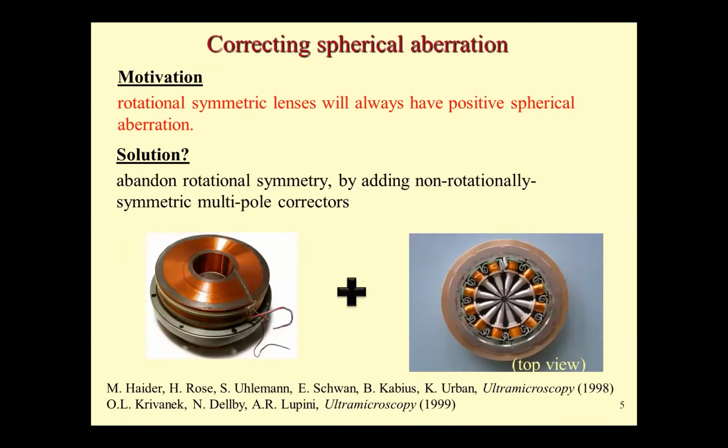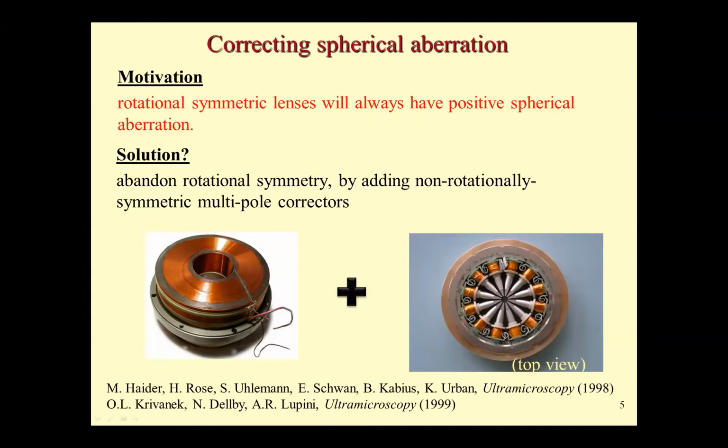And the solution is what are called multipole correctors. The idea is that if the problem comes from rotational symmetry, we will break this rotational symmetry. So we will add elements which consist of a series of magnetic tips. Each one is driven by its own coil, and I can have a different current in each one. And you see, this is no longer rotationally symmetric.